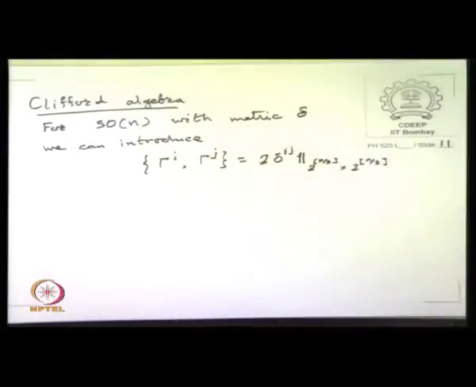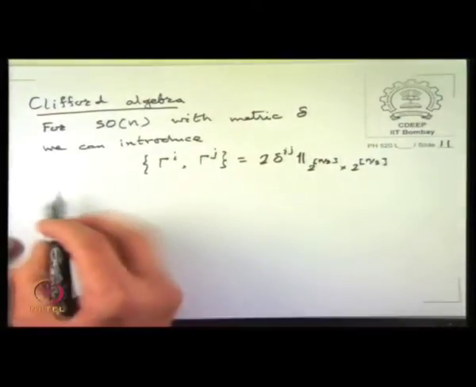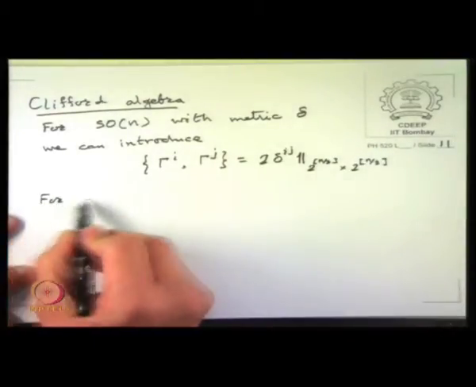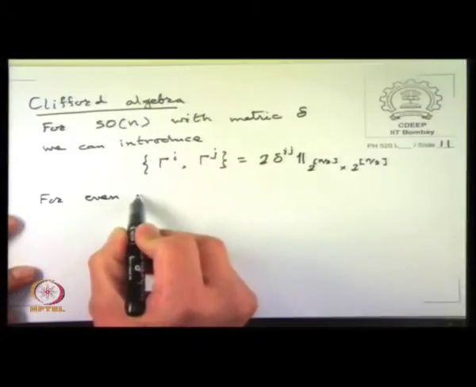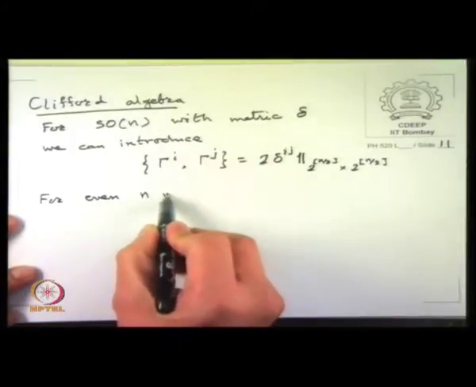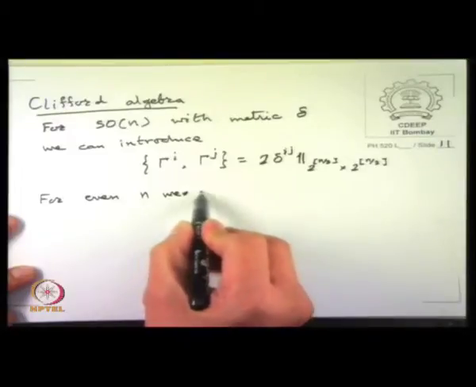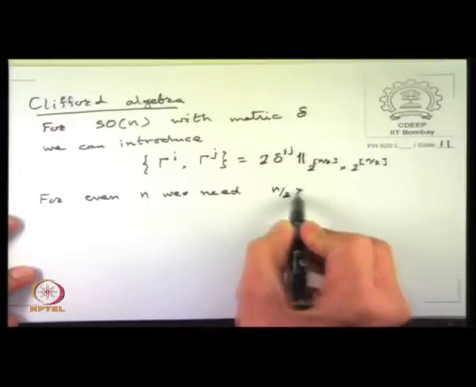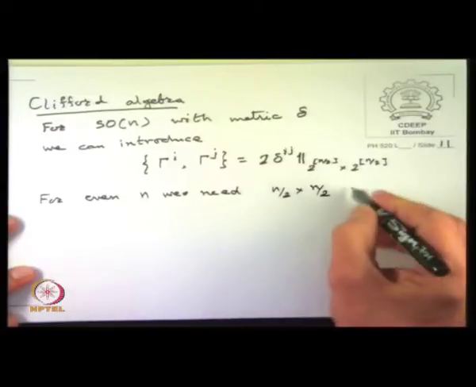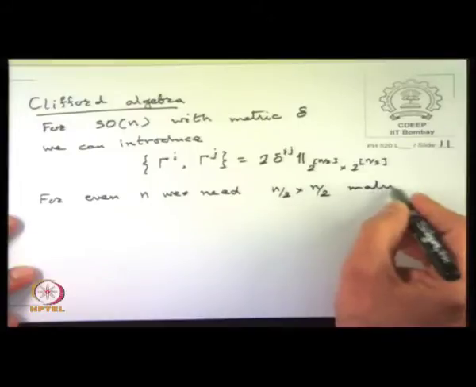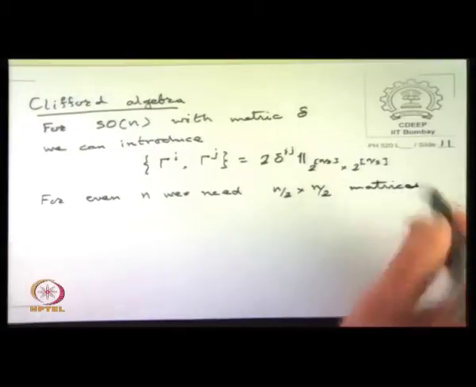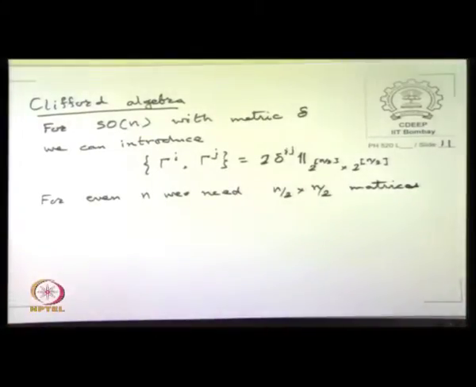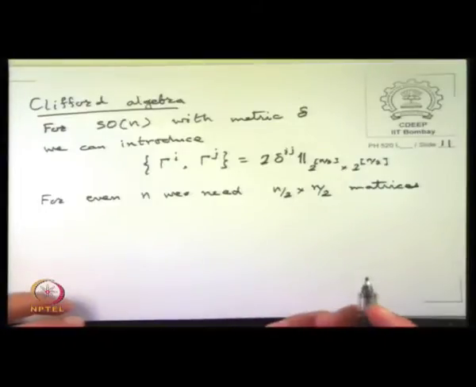Which is the biggest integer smaller than n by 2. So for even n, we need 2 to the n by 2 cross 2 to the n by 2 matrices, and of course in 4 dimensions we want 4 dimensional matrices.